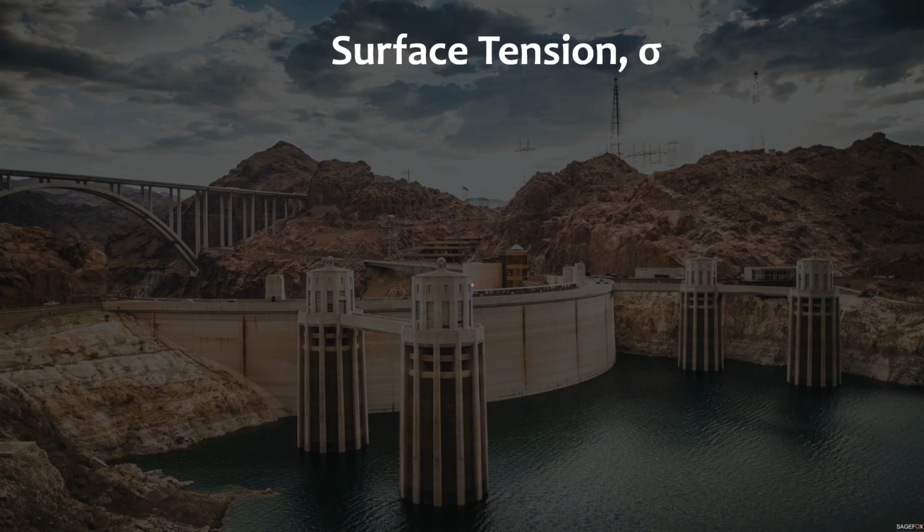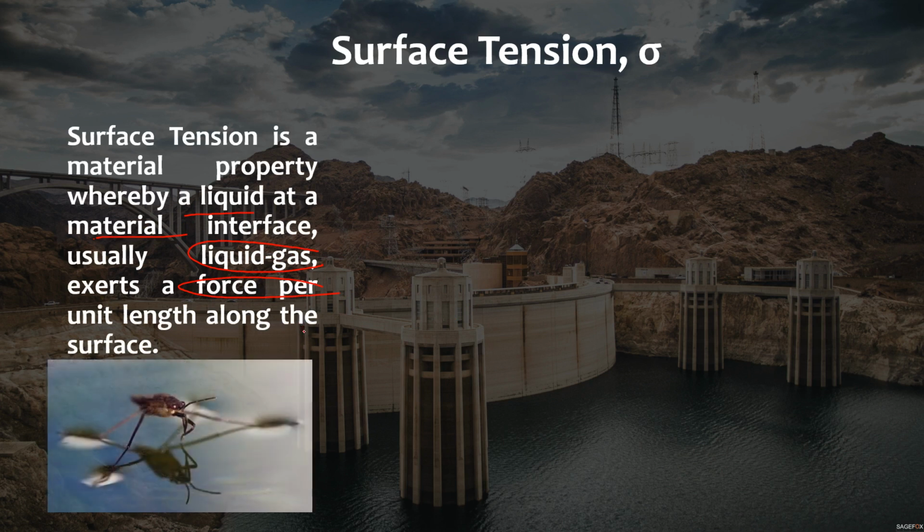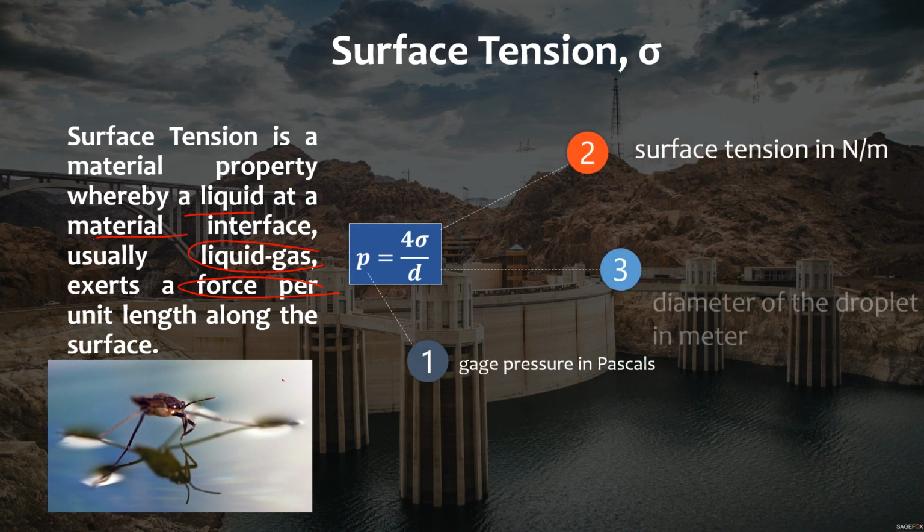For the next property of fluid, it is the surface tension. It is a material property whereby a liquid at a material interface, usually liquid or gas, exerts a force per unit length along the surface. That's why some insects can walk on water, because of the surface tension.